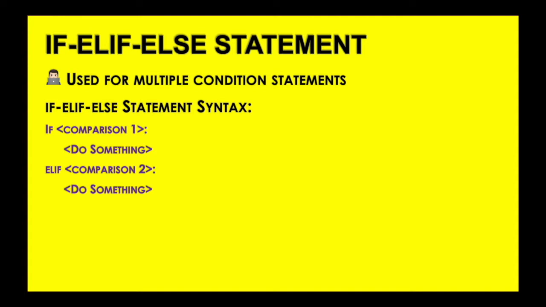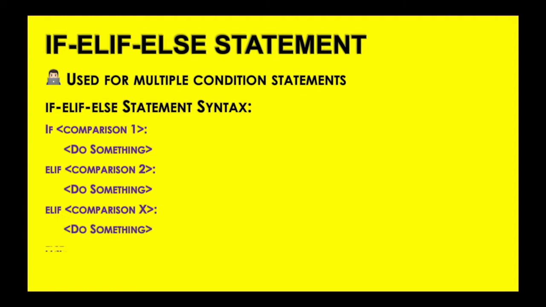If this condition is still not satisfied, we have the third comparison, elif comparison 3, or elif comparison x. For however many comparisons we want, just always write another elif at the very beginning of the line of the code.